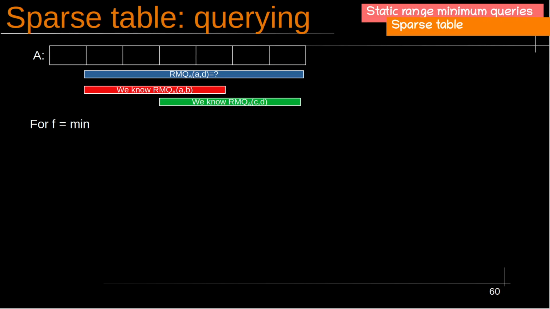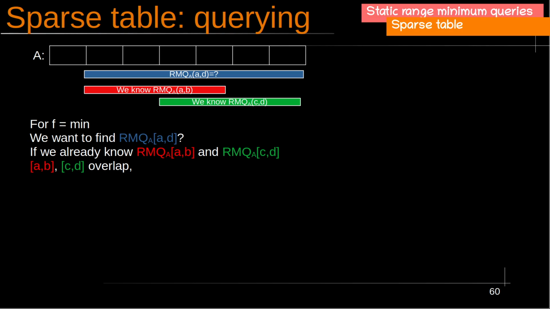If we want to query, for example, the range minimum query on A from A to D, but we already know the minimum on A from A to B, and the minimum on A from C to D. And as you see, the two ranges overlap here.